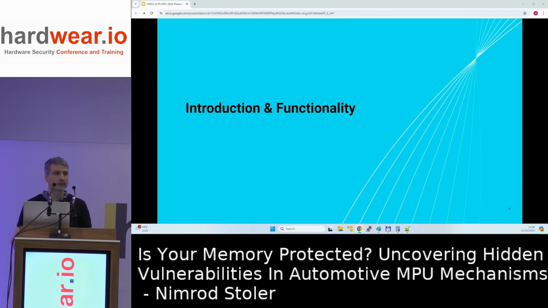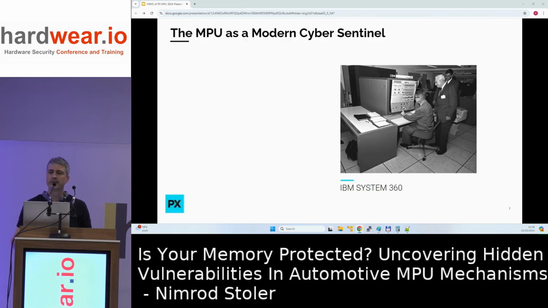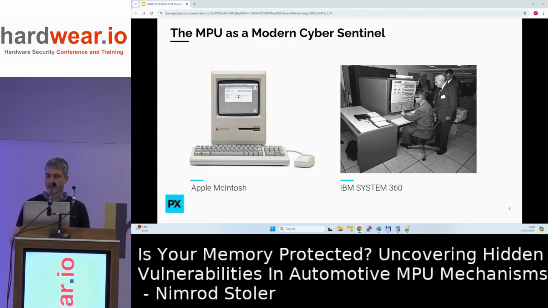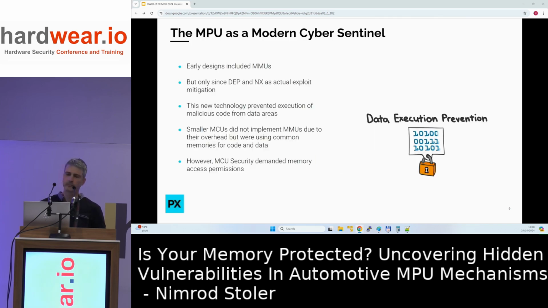Early microprocessor designs, such as the IBM System 360 from 1965 and the Apple Macintosh from 1986, already included memory management units, or MMUs, for handling virtual memory mapping and memory access permissions.